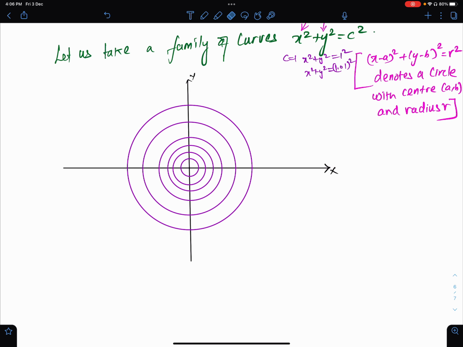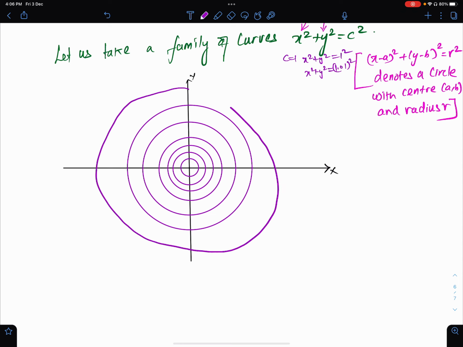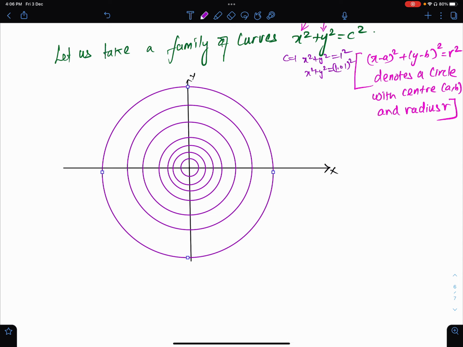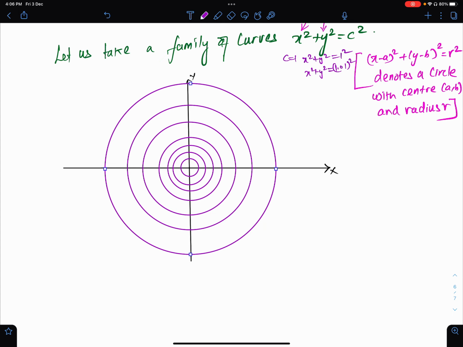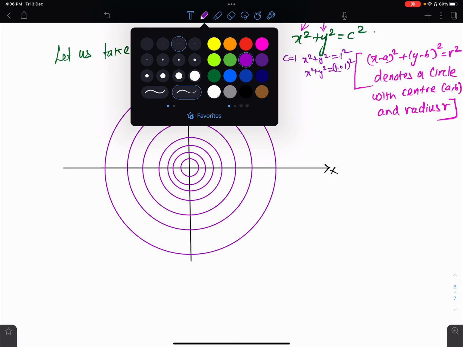Okay, whenever you change the value of c, all the circles have varying radius with the center at origin. They are concentric, they have the common center. So what I have given here is a family of circles having center at origin.